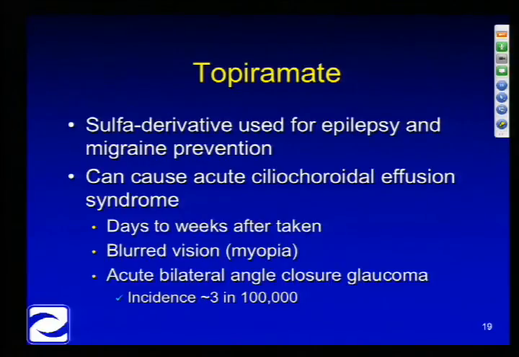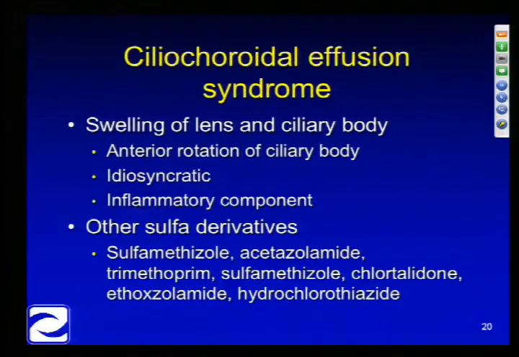Topiramate, like any of the sulfa derivatives, can cause acute ciliochoroidal effusion syndrome, which is different than the regular angle closure glaucoma. This can happen days to weeks after these medications are taken. They can have blurred vision due to myopia, and it looks like bilateral angle closure glaucoma. The incidence is 3 in 100,000 patients treated with sulfa derivatives.